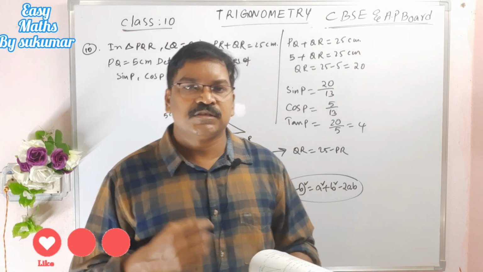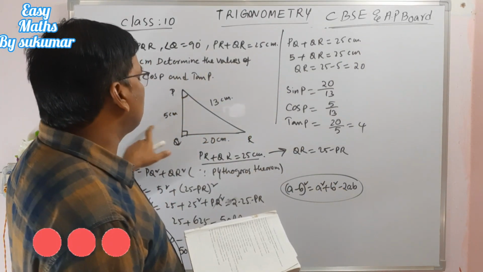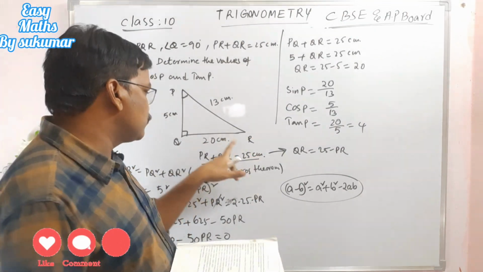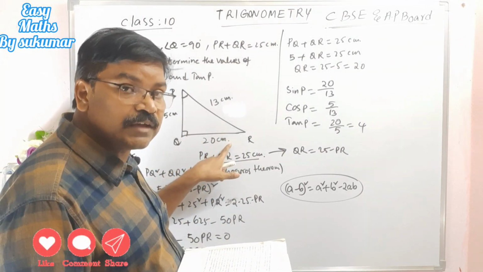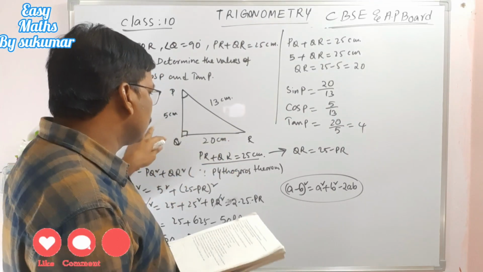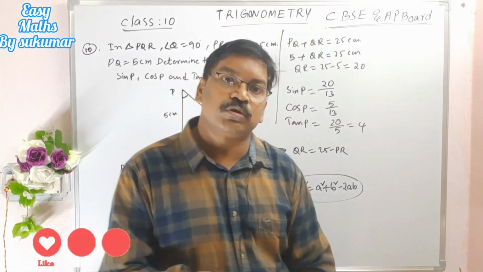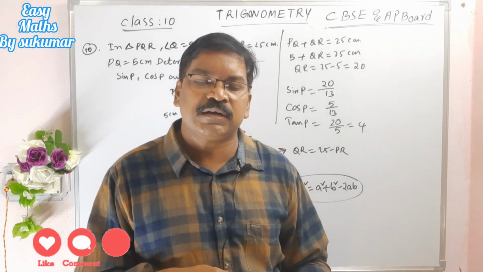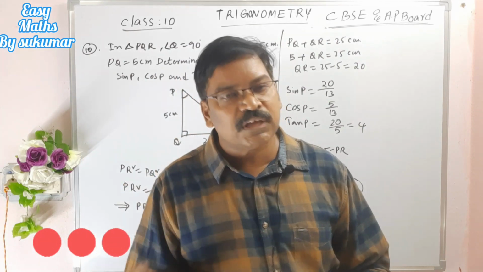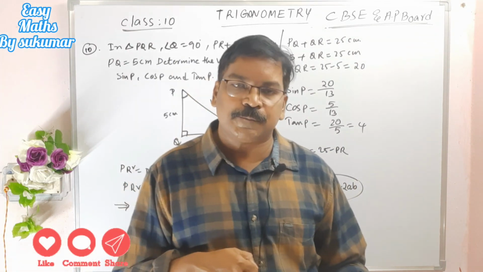Sometimes, see, my dear students, here in this example it is 20 by 5, which is 4. That means it is more than 1. But sometimes it may be less than 1, and sometimes it is more than 1 also. So it is a false statement.